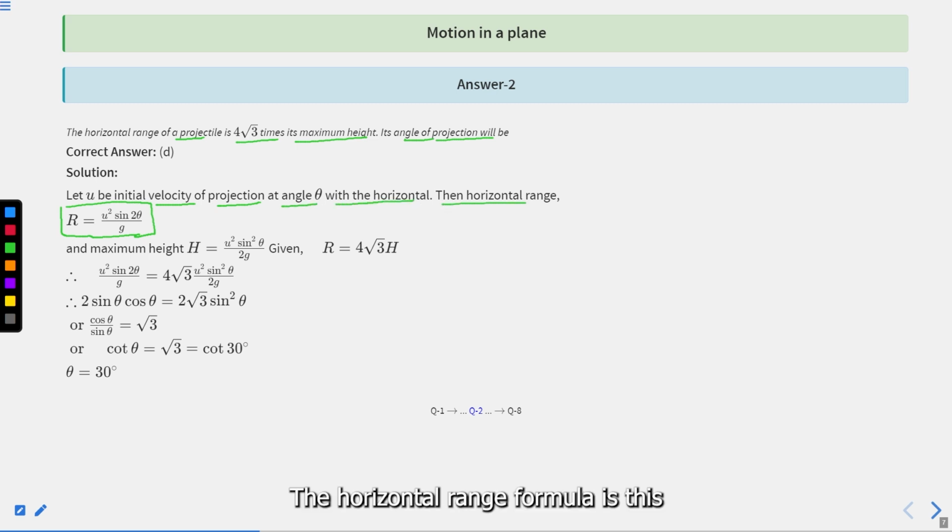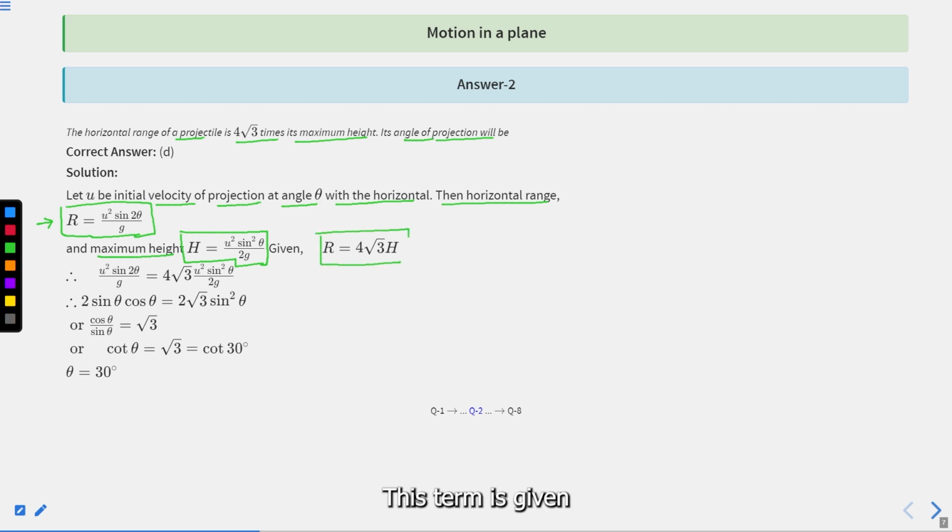The horizontal range formula is R equal to u square sine 2 theta divided by g, and the maximum height H equal to u square sine square theta divided by 2g. Clear? Here the given range is equal to 4 root 3 times its height. This is given. Clear?